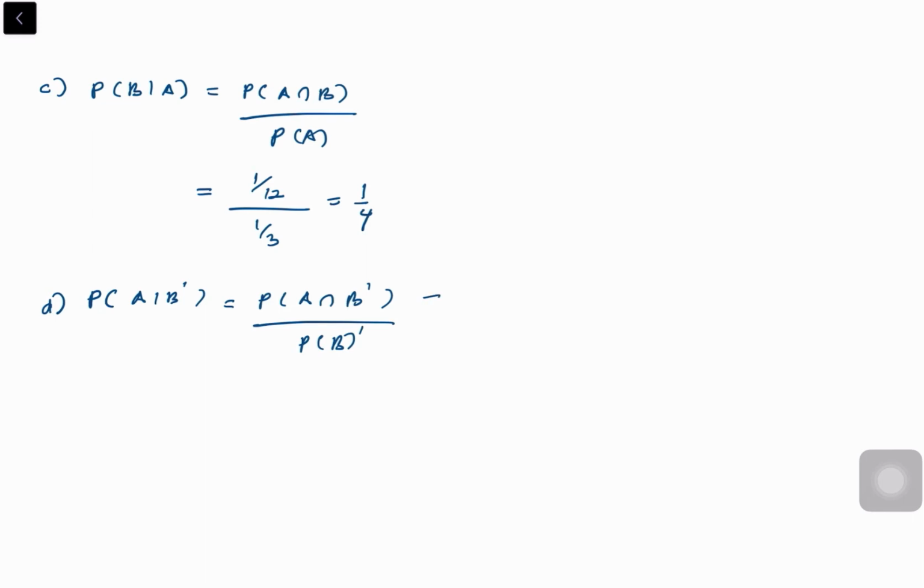Remember, we already calculated that the first value is 1 over 4, and the probability of B complement is 1 minus P(B), which is 3 over 4. Therefore this is 1 over 4 divided by 3 over 4, which is equivalent to 1 over 3.